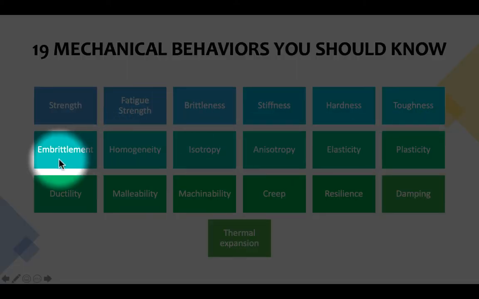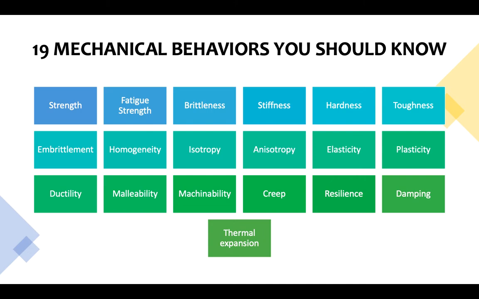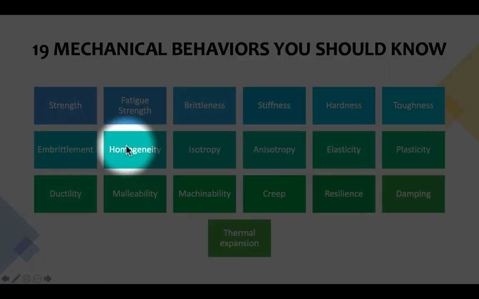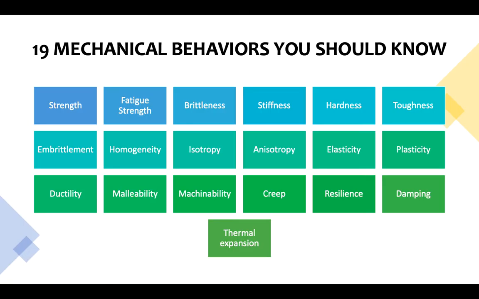Then embrittlement. Embrittlement is the result of metal losing its ductility and becoming brittle due to chemical or physical changes. Another mechanical behavior is homogeneity. A homogeneous material has the same properties throughout its entire geometry.